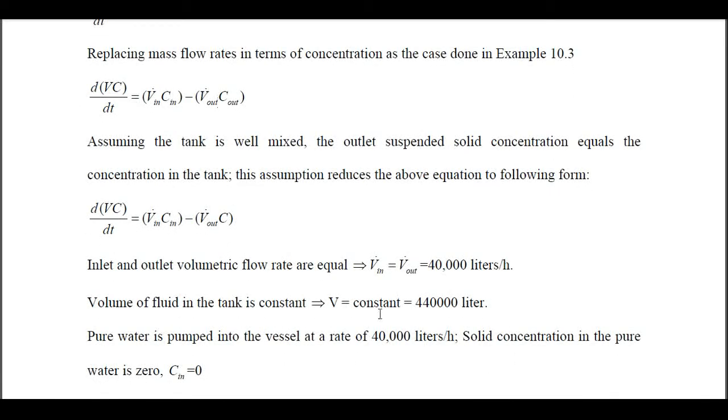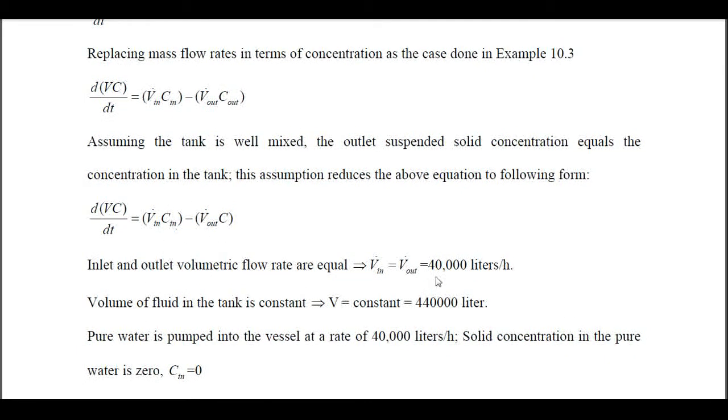Since the inlet volumetric flow rate equals the outlet volumetric flow rate, there will be a constant volume. Also, as you notice from the problem, only pure water comes into the system with no solids. So for C in, we don't have any concentration, and this term will be 0.